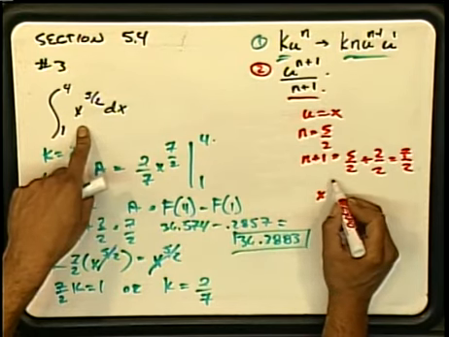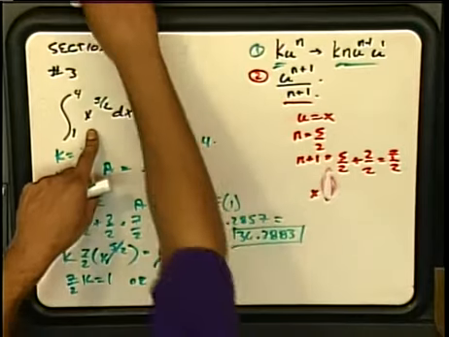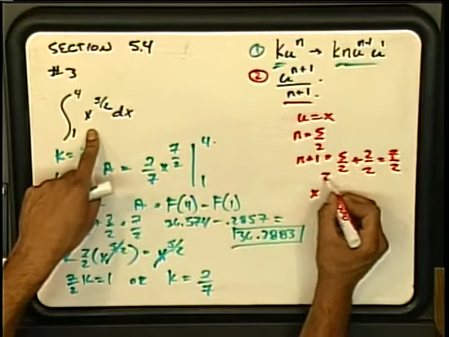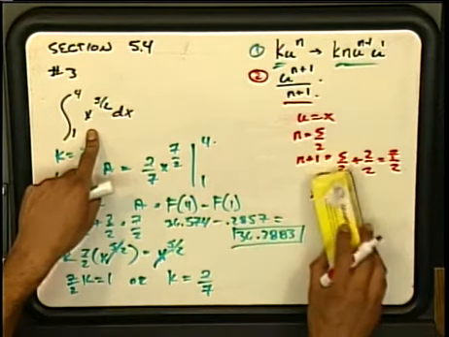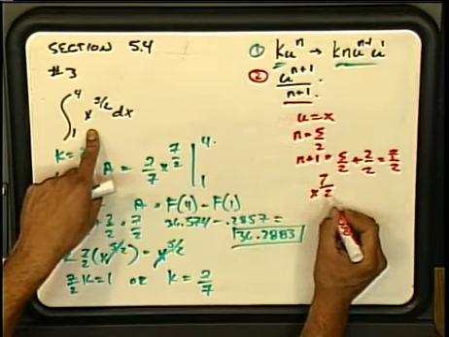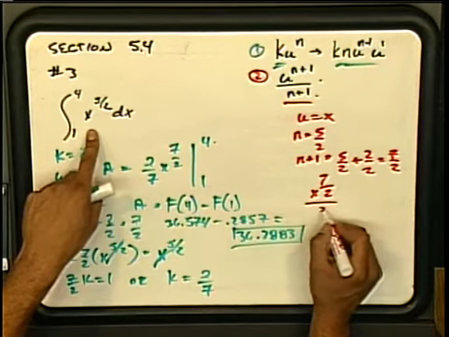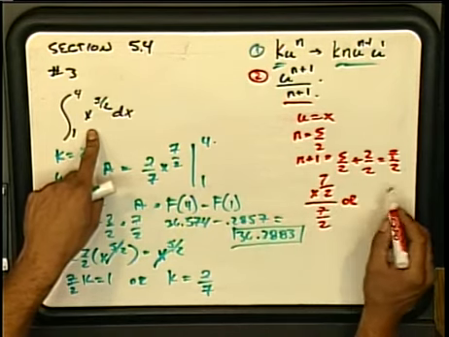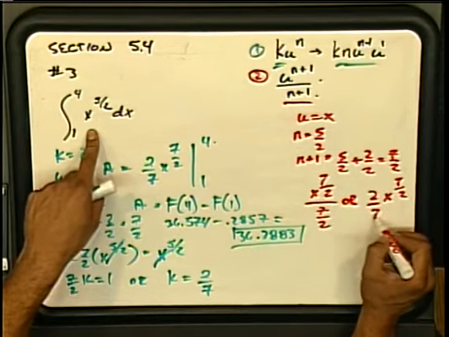So x to the 7 halves over 7 halves, or x to the 7 halves times 2 over 7.